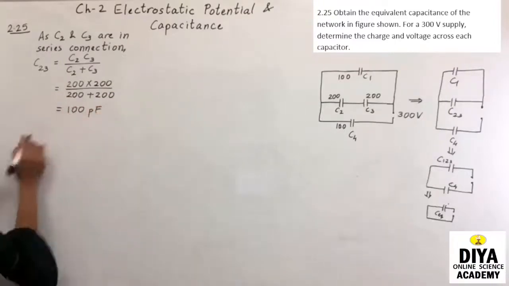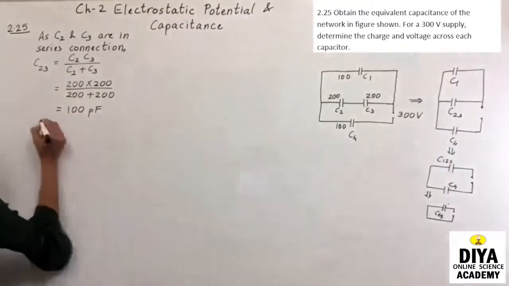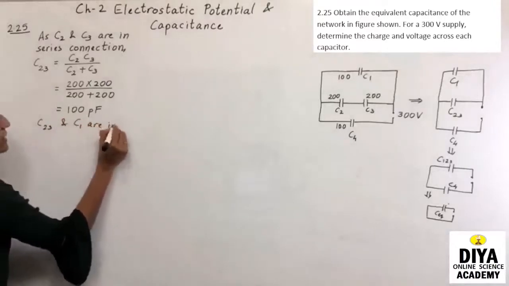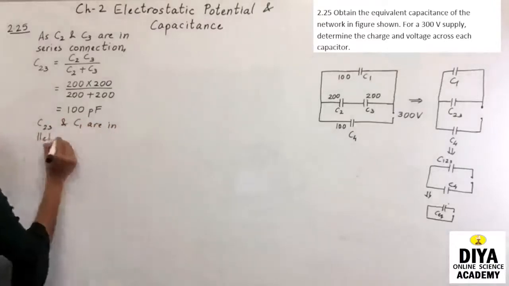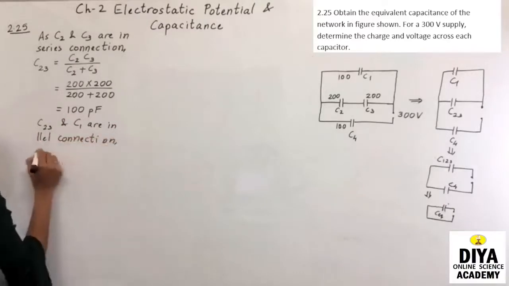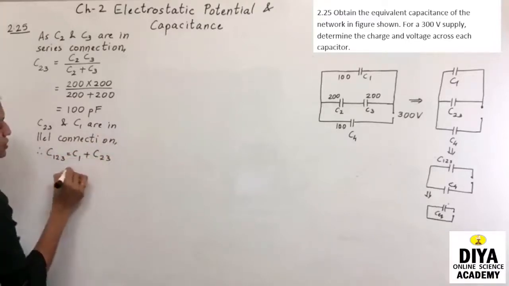Okay. Now C23 and C1 are in parallel connection. Therefore C123 equals C1 plus C23.